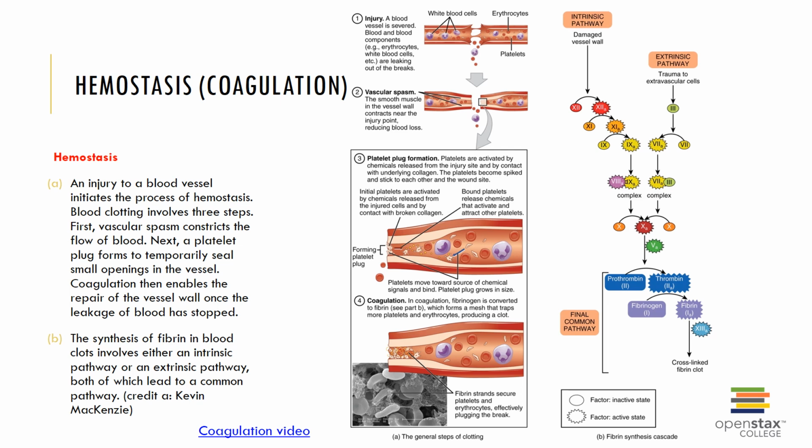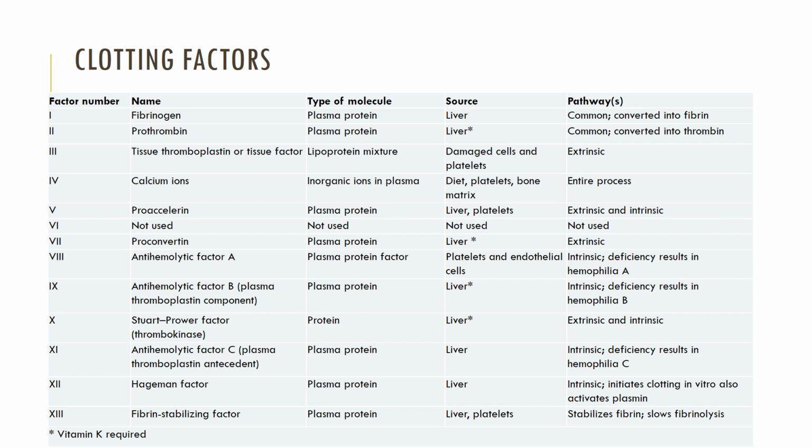There are a number of clotting factors that are involved in this process, shown here. And the clotting factors, some of these we mentioned: fibrinogen, prothrombin, calcium ions were noted, PDGF, ADP.